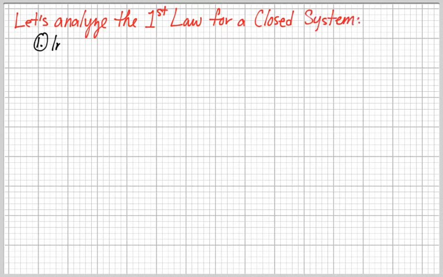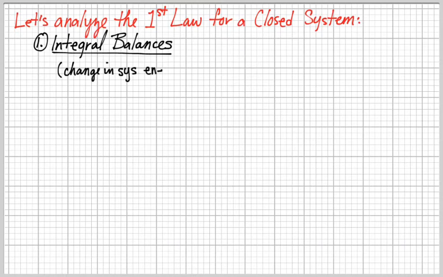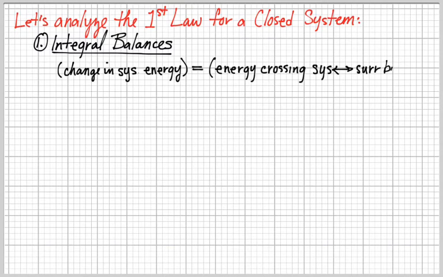We're going to analyze the first law, the energy balance, from the left side of the equation to the right side of the equation for closed systems. I'm going to start with integral balances. I'm going to start with the integrated form of a change in the system energy on the left side equivalent to a change in energy crossing the system surroundings boundary. Now, if I'm going to change the system energy, I'm going to be describing a process.